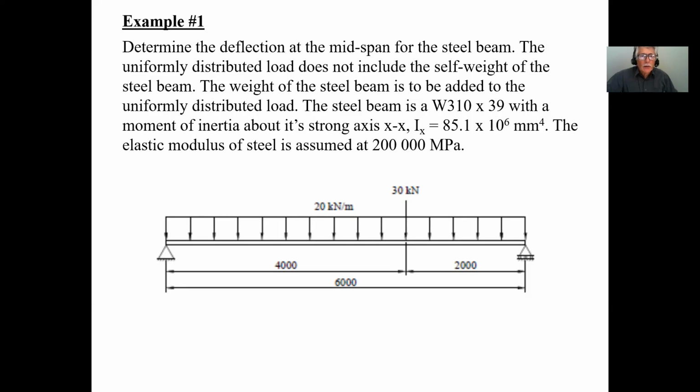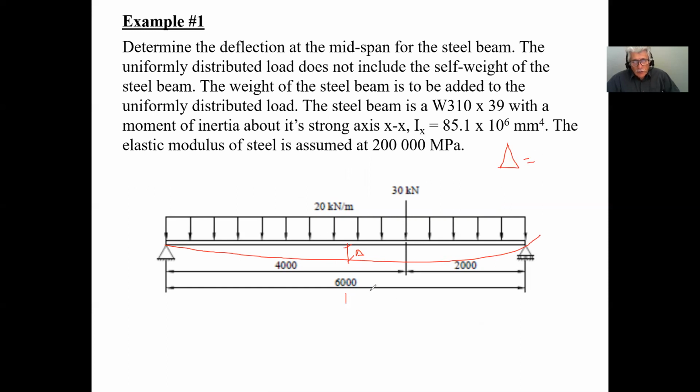Okay, now here I have: determine the deflection at midspan. Midspan is here at 3,000. I want to determine the deflection at midspan. And when we talk about deflection, we always represent deflection with this Greek letter called delta, okay?